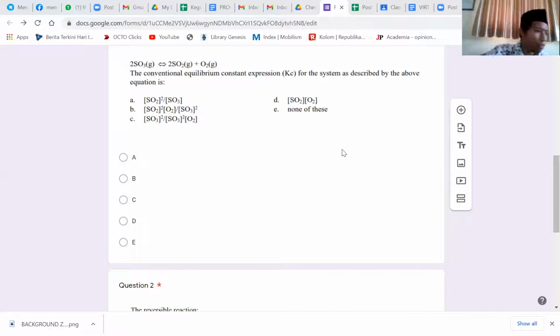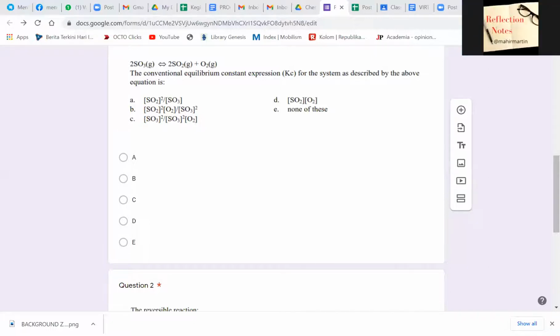Let's do how we solve the first question. The reaction is given. The conventional equilibrium constant expression Kc for the system as described by the above equation is, so it is just writing the Kc, isn't it? So we know that this is the reaction. So you just write the Kc.